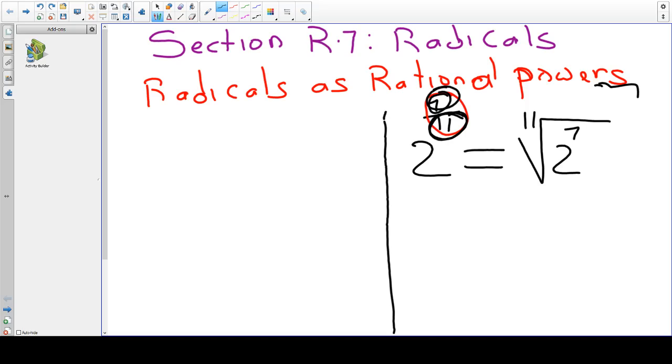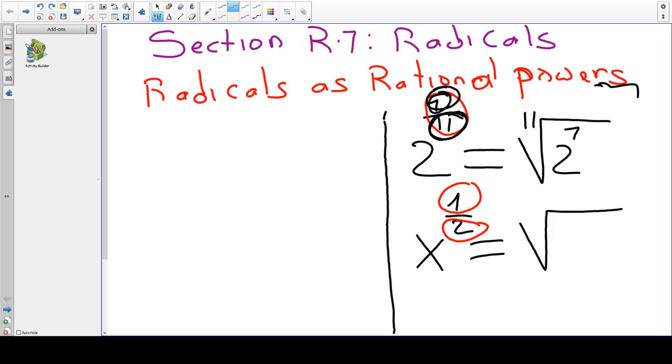Another example, if I say x to the 1/2, how do I turn this fractional power into a radical? I'm going to say this is the radical. Now keep in mind, this is the index, the denominator, and this is the power, the numerator.